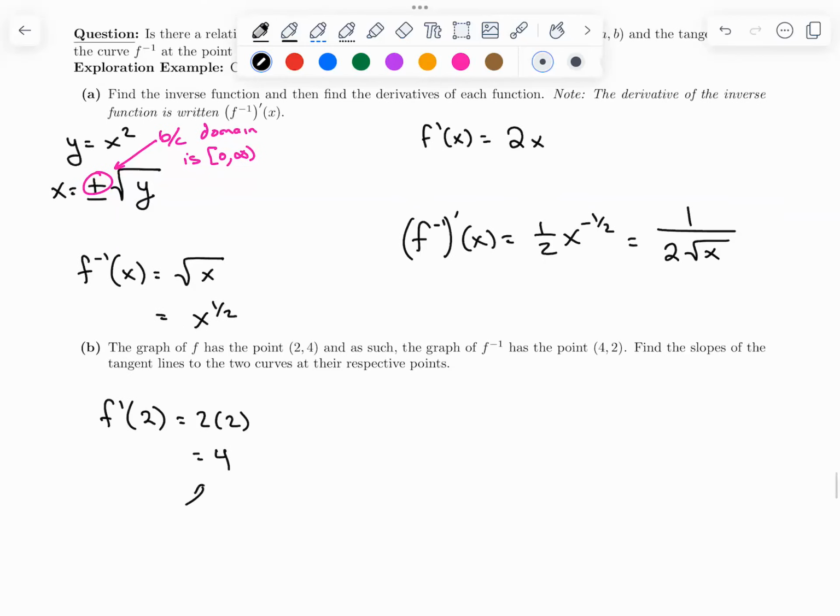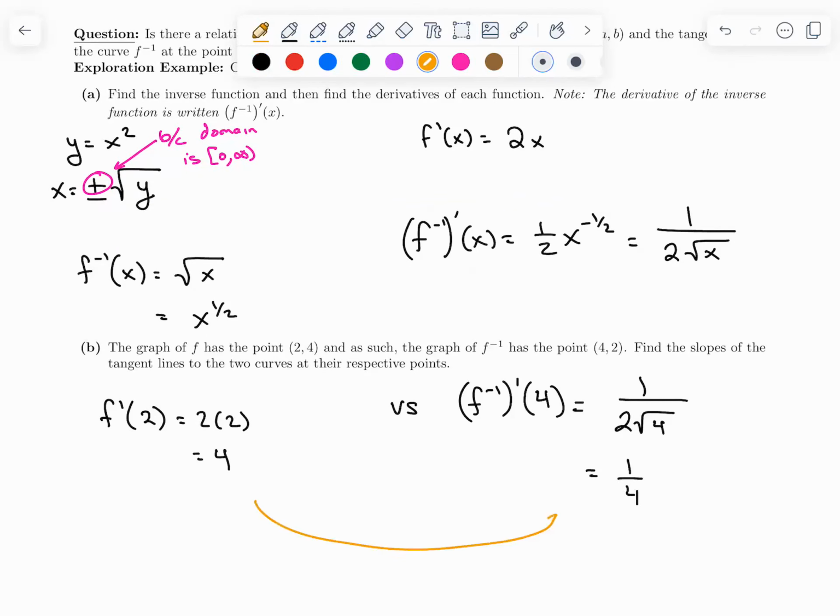That's your m tangent, versus f inverse prime of 4, the point on the inverse function, which would be 1 over 2 times the square root of 4, which is 1 over 2 times 2, or 1/4. Reciprocals.